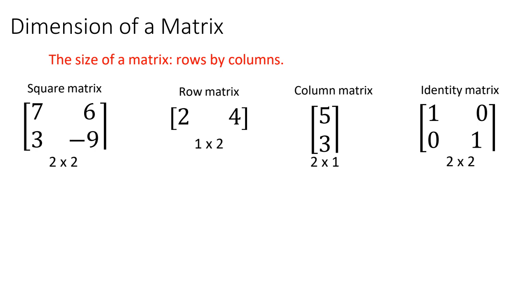Now this third example here, you see we have 2 rows and only 1 column. So since we only have 1 column, we consider this matrix a column matrix. And again, the dimensions of the matrix is a 2 by 1. It's always the rows by the columns. You have to follow this order. The size or dimensions of a matrix is always rows times columns.